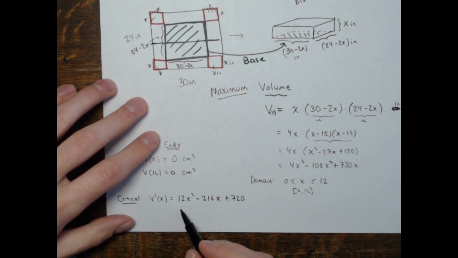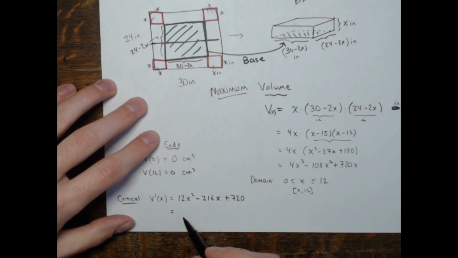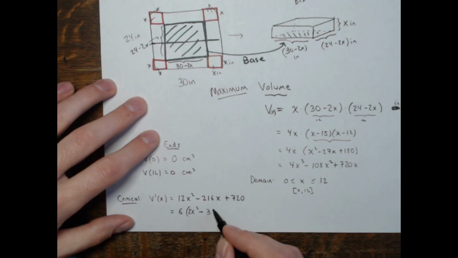So I'm going to factor out a 6. And then we have 2x squared, 6 times 2x squared would be 12x, minus 6 times 36 is 216. And then plus 6 times 120.